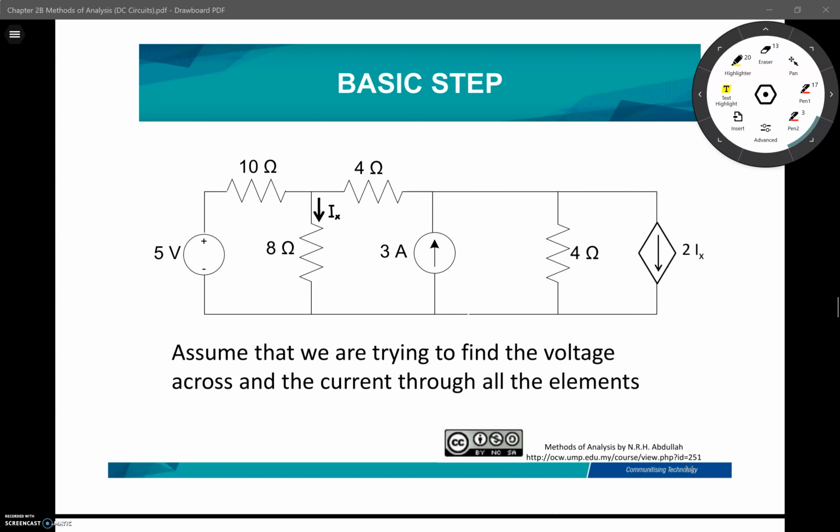Does the circuit consist of a supermesh? As you can see, there are 4 loops in the circuit. So assume that we are trying to find the voltage across and the current through all the elements.